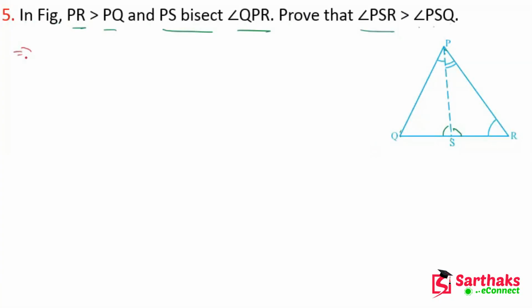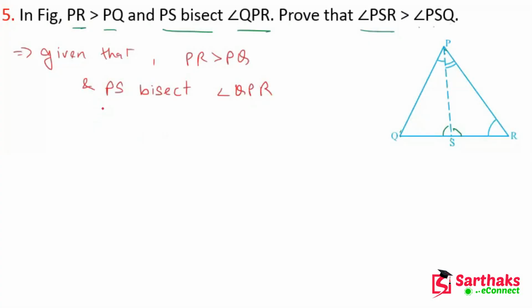So it is given that PR is greater than PQ, and PS bisects angle QPR, and we will have to prove that angle PSR is greater than angle PSQ.